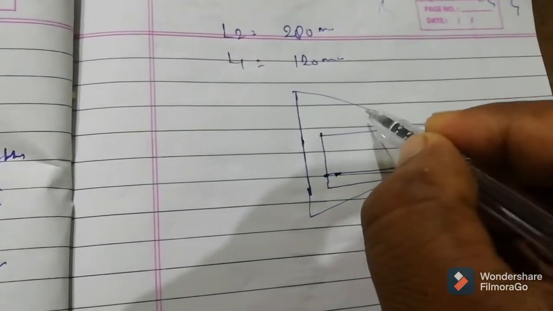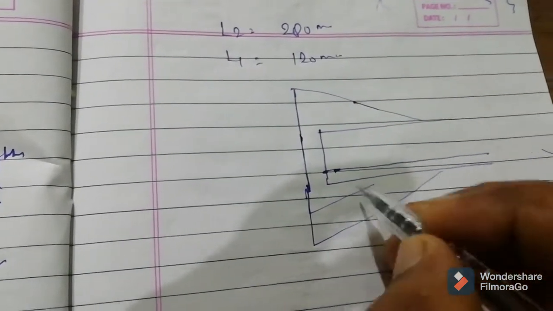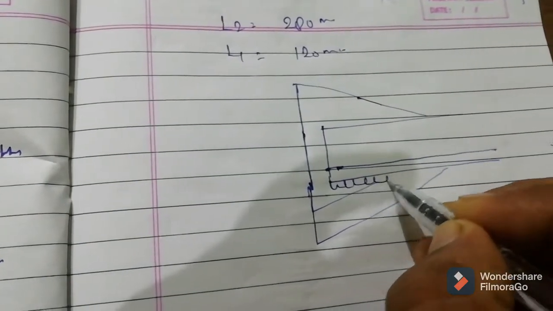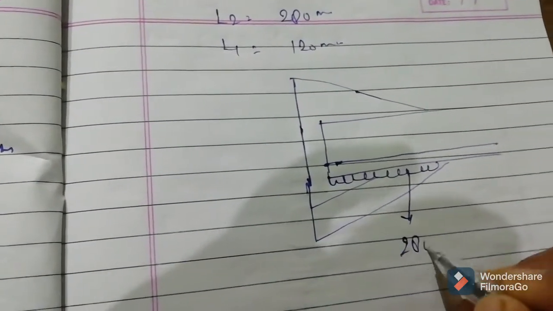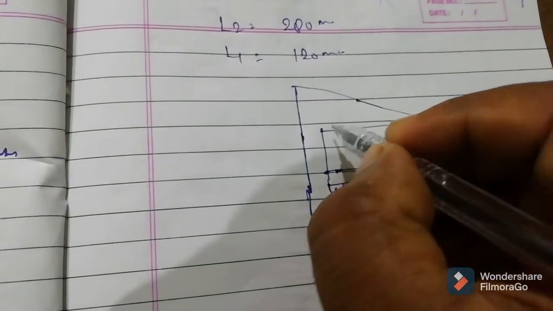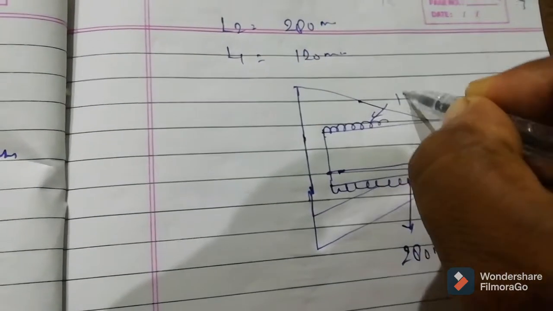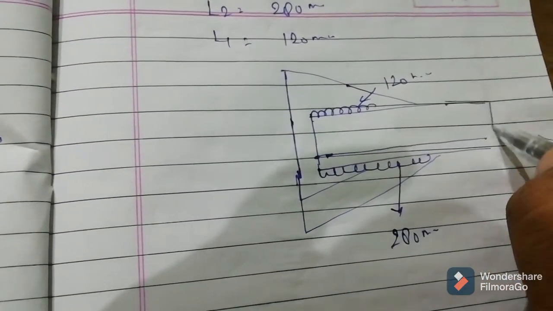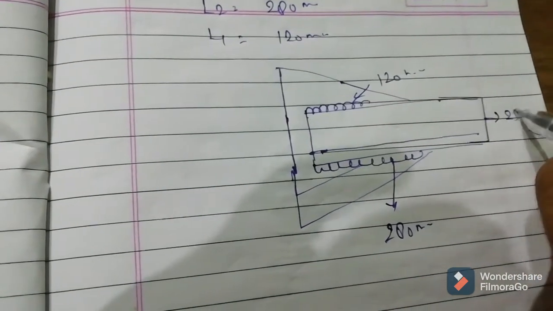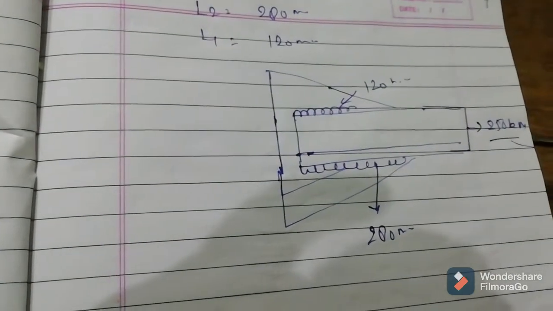So this is 280 mm and here this is your 120 mm. So the total pull equal to 250 kilonewton. This is ultimately the solution of your question.